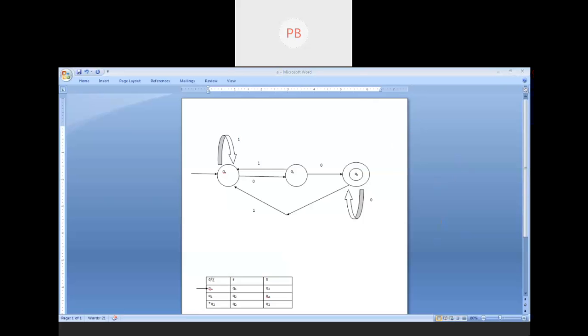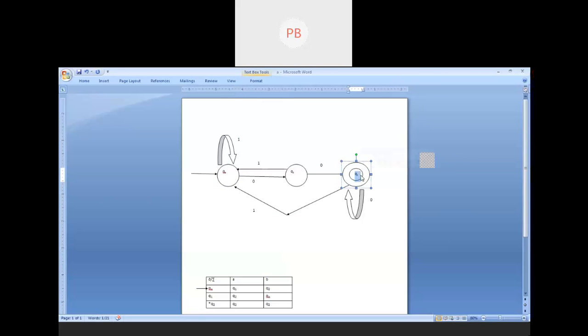Suppose using this language we are defining a string called 100. Now we have to validate whether this string satisfies the condition of the language or not. For this, we have to verify whether this string is accepted by the DFA defined using the language.